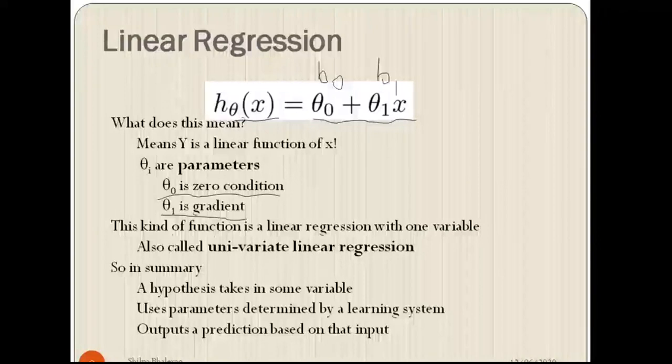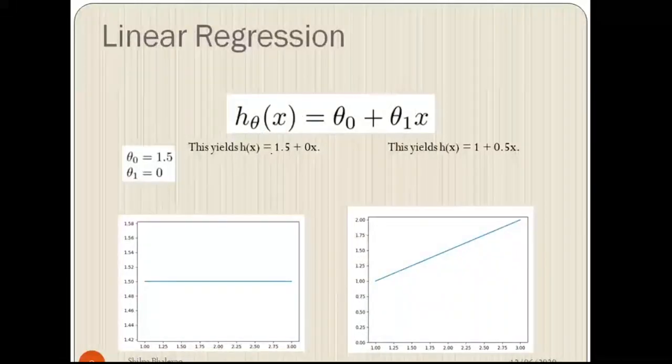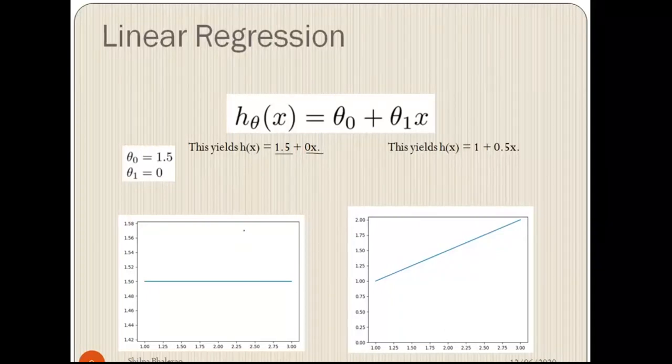This is called linear regression, or univariate linear regression, because y depends on only one parameter. Suppose we take an example: if theta 0, the intercept, is 1.5 and theta 1, the slope, is 0, the line will be this.